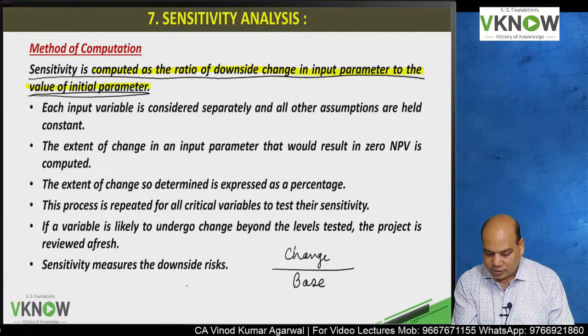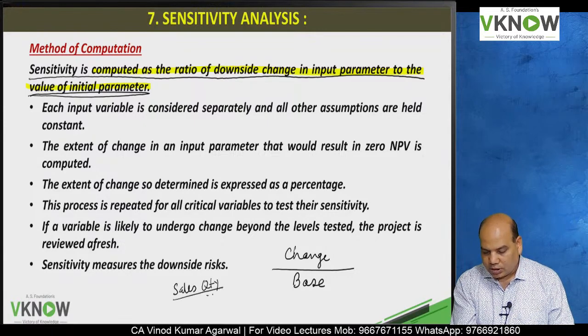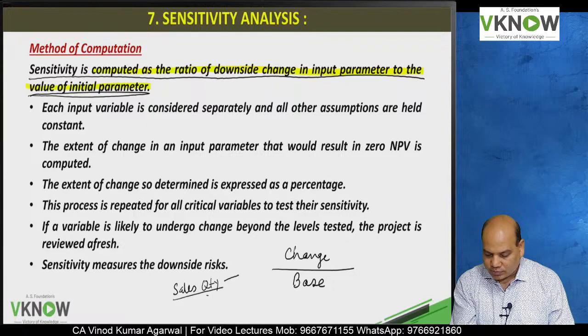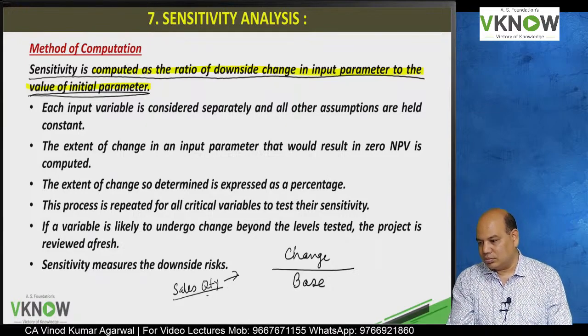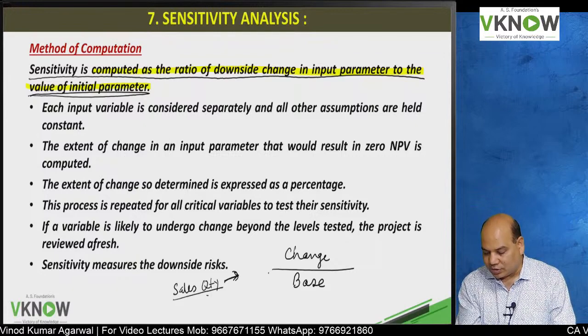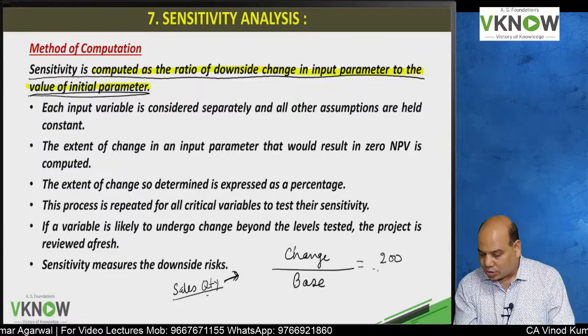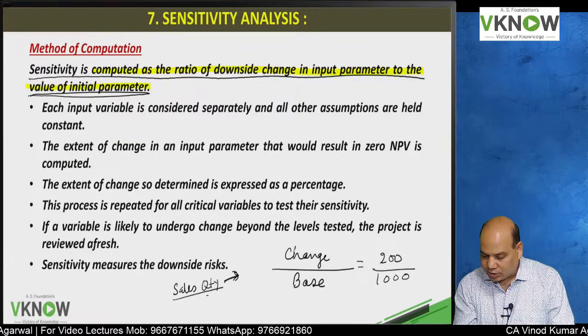Change means if the value changes, for example, let us say sales quantity. If sales quantity changes, what is the change in terms of percentage? So change in sales quantity is suppose 200 and original quantity estimated is 1000.